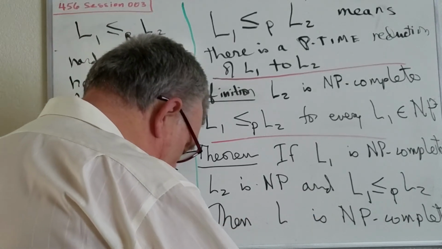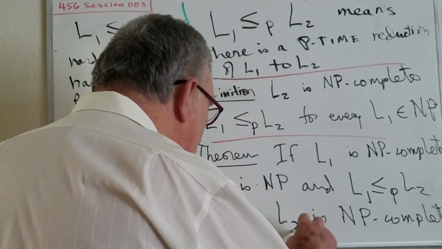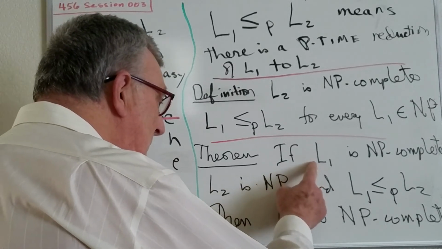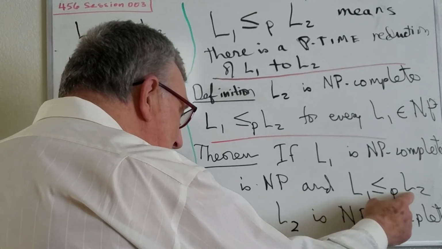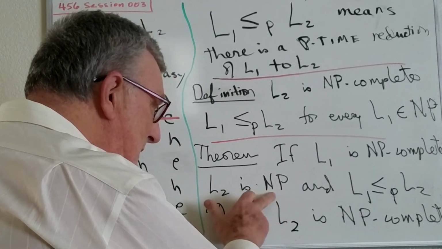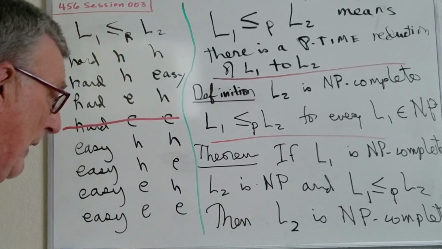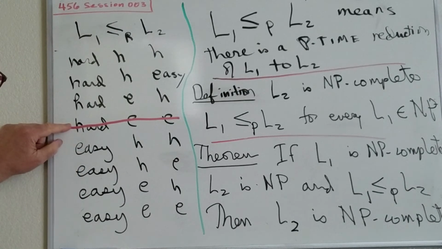If this was an error here, that's L2. If L1 is known to be NP complete, and you can reduce it in polynomial time to L2, and if L2 is known to be in the class NP, then L2 must be NP complete. And this is an example of how to use this particular fact.